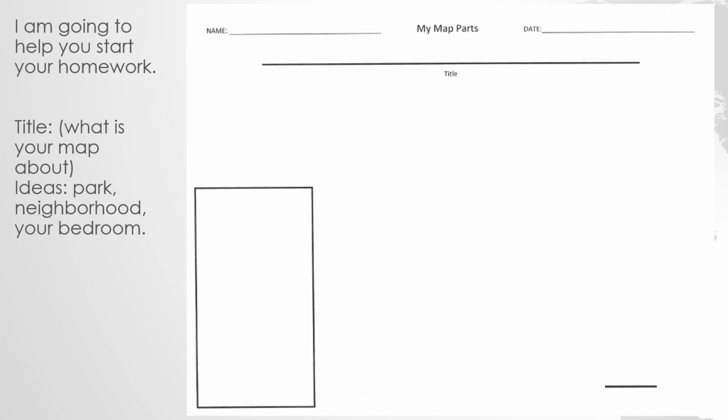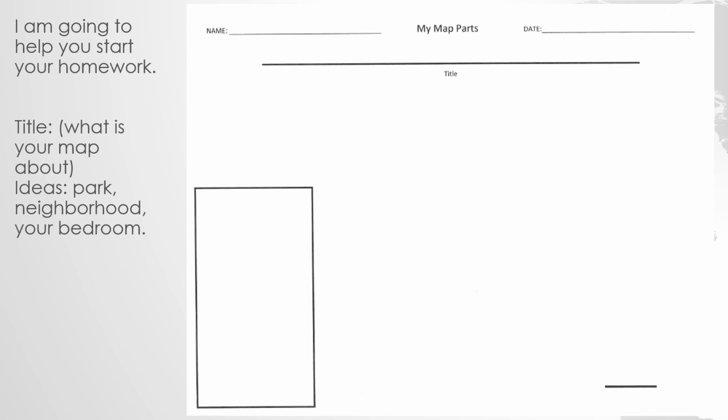I'm going to help you start your homework. Today's homework is this page in your workbook, My Map Parts. You're going to put your name and today's date. Starting with that big line under which you see the word title, what is your map about?